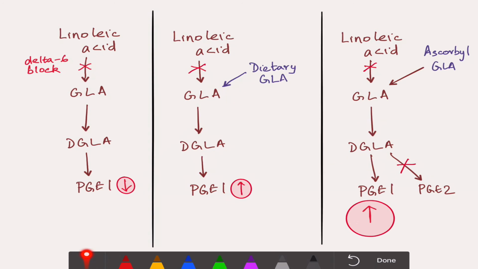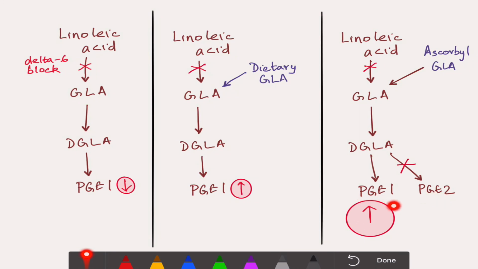Further, we are not giving plain GLA, but ascorbyl GLA, which is GLA plus vitamin C. Because of that, the production of PGE2 does not happen. This metabolic pathway produces both PGE1 and PGE2, but when you give ascorbyl GLA, the production of PGE2 is blocked, because we don't need PGE2.